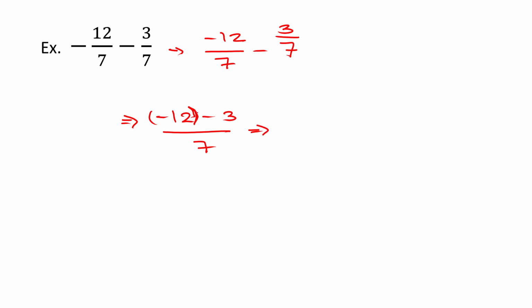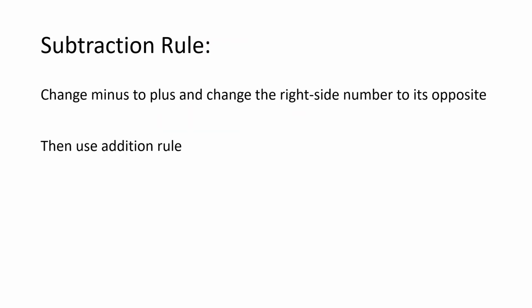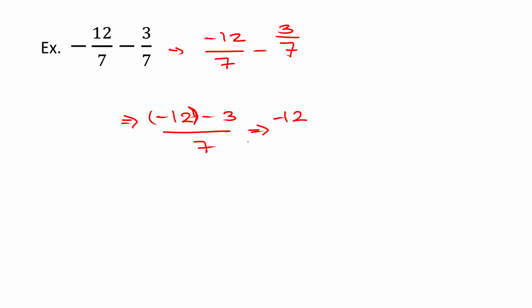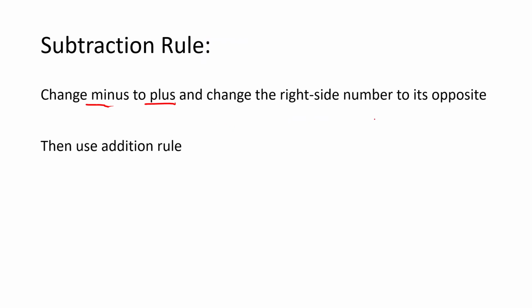Now, the next step is you're going to use subtraction rule. Negative 12 stays as is, minus becomes plus, so it's negative 12 plus, and then we go to 3. The right side number becomes opposite.